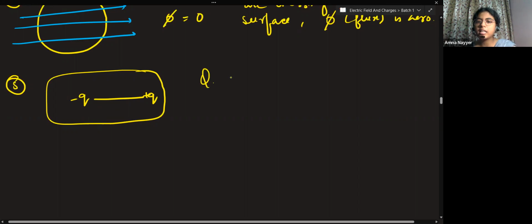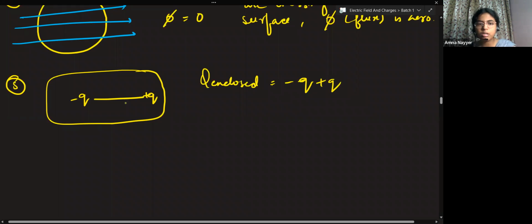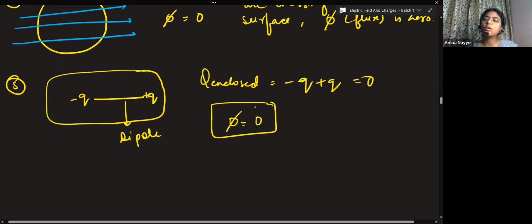The charge enclosed, this is what? Minus q plus q. And always it will be minus q plus q for a dipole. So your charge enclosed will always be 0. If your charge enclosed is 0, flux will be what? Flux will also be 0. So for a set of dipole, electric flux will be 0.